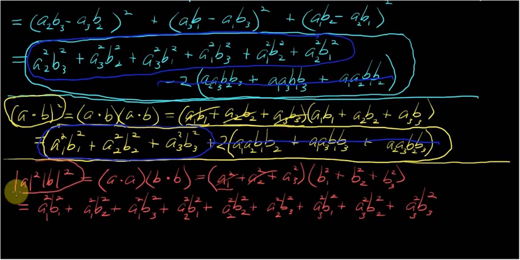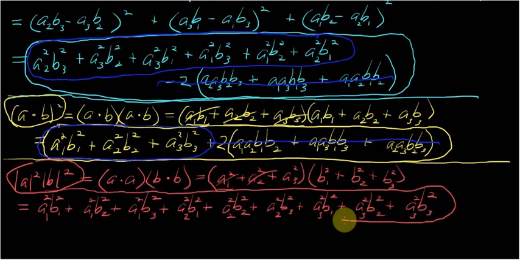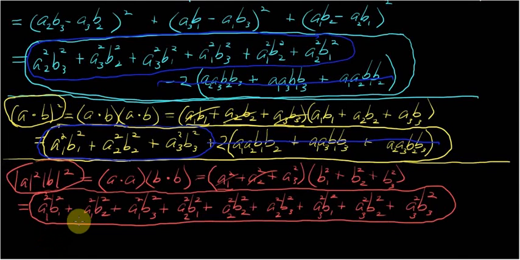And we have that this is equal to all of this. And now, the big thing we've been leading up to that we want to establish is this group, everything in the blue, is that equal to all of this?